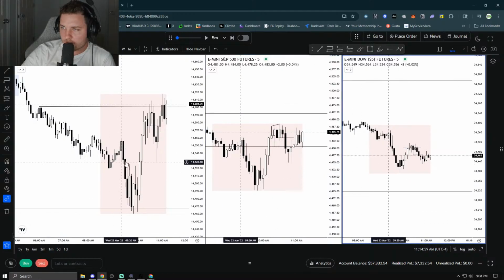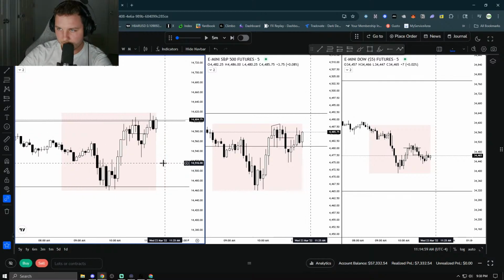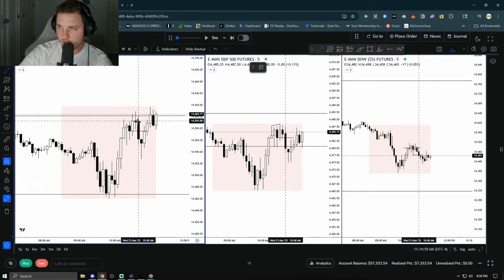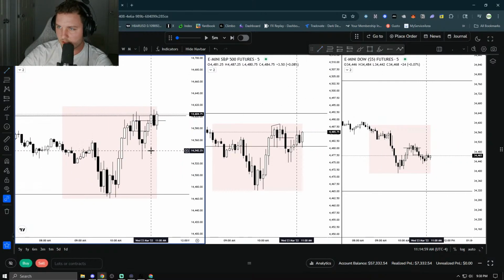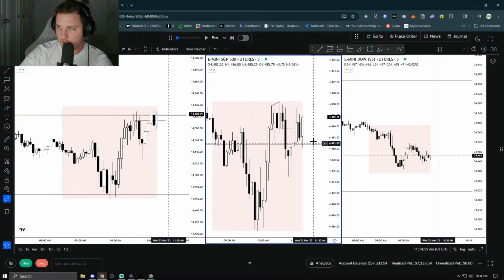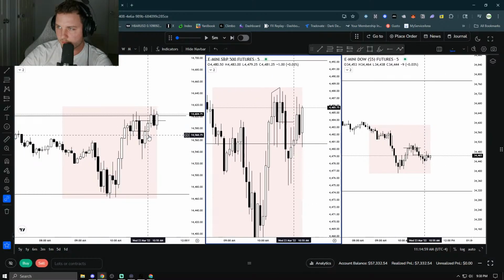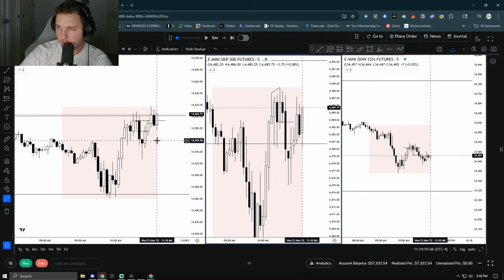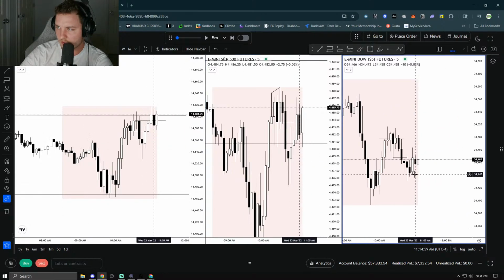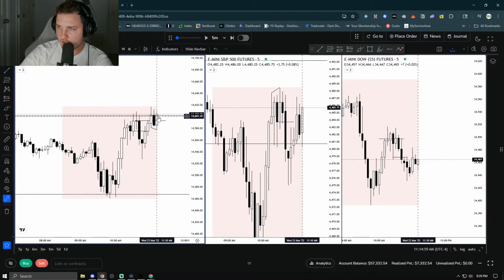It just looks like a strength switch, man. This is literally, here's your CISD. What was I looking at? Yeah, you have your SMT here, CISD.